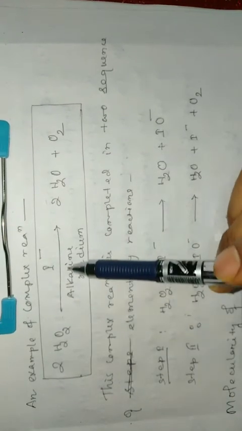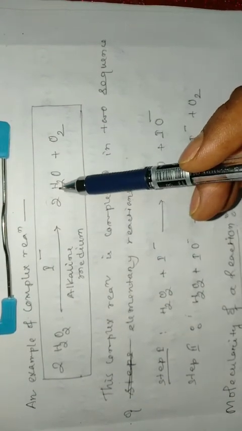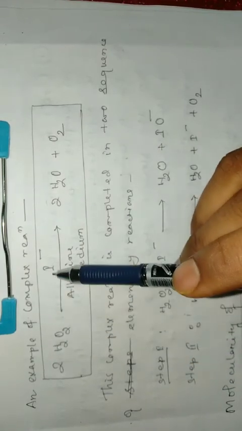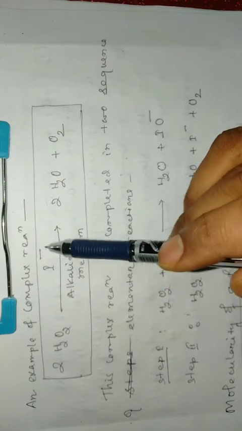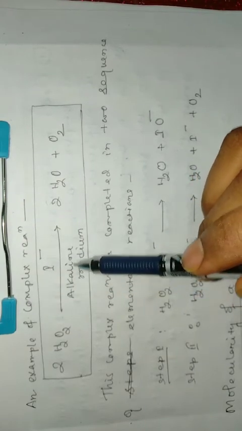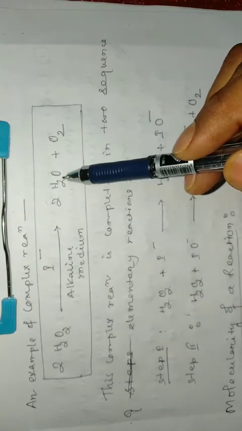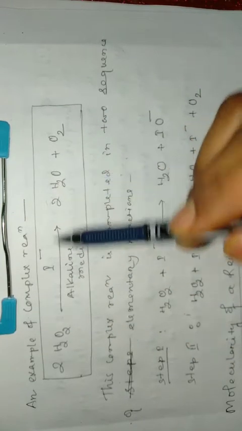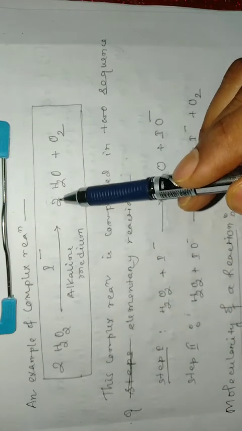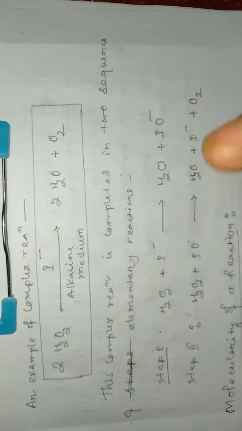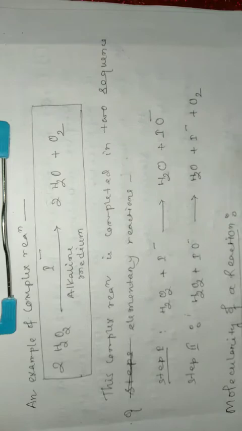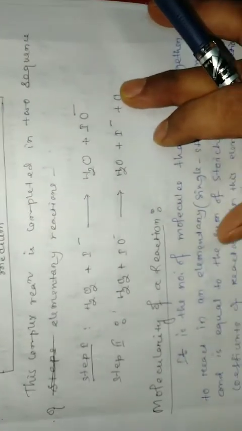So elementary reactions are completed in a single step. Now this is an example of a complex reaction. In this reaction, hydrogen peroxide reacts with iodide ion in an alkaline medium and produces water and oxygen. Why is it a complex reaction? Because this reaction is completed in a sequence of two elementary reactions.